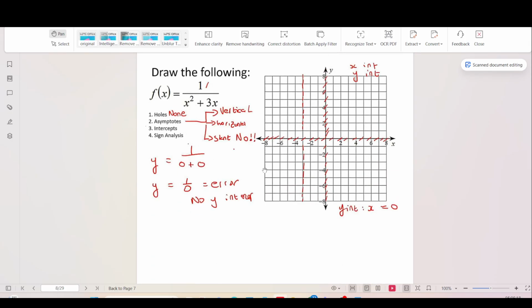Now you have to do sign analysis. On both sides of the asymptote, like here we have x equals negative 3, so put x equals negative 4 in the function, and at that point you can get the value of y. Then on the right side, like we have negative 3, so put negative 2, and then you can take 1.